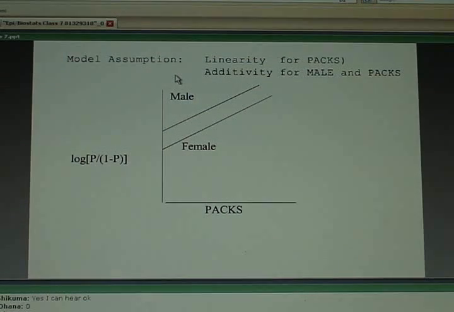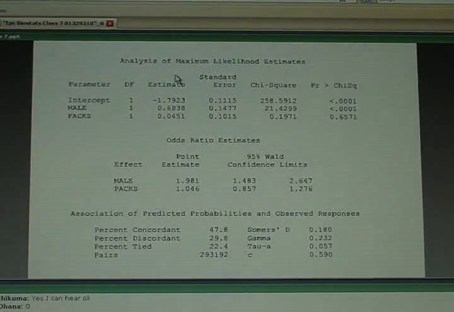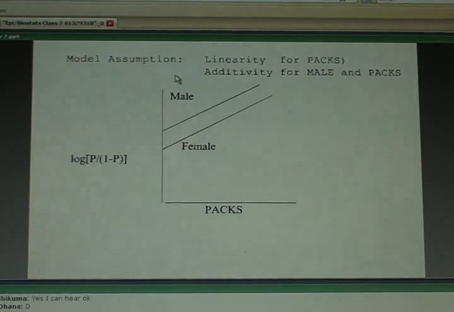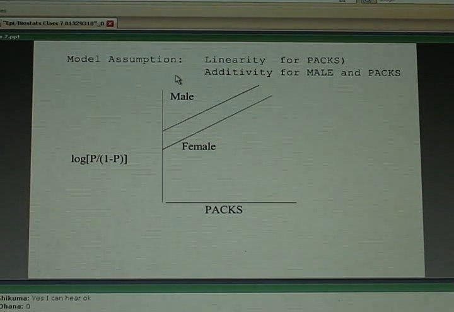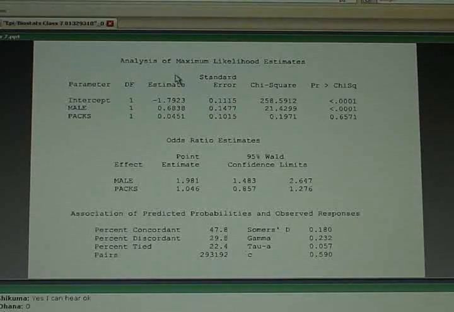Go back to the previous slide. If I look at females, their value for male would equal 0. So their log odds of disease becomes minus 1.79 plus 0.0451 times their level of smoking. That's an equation of a straight line. That means females have a straight line with an intercept equal to, in the previous slide, minus 1.9723 and a slope of 0.0451.